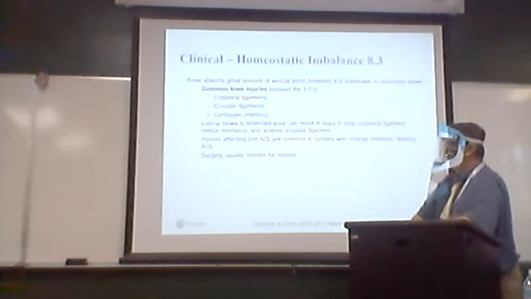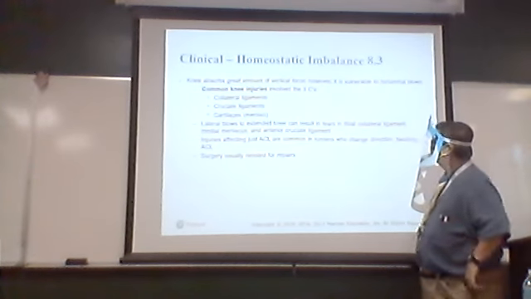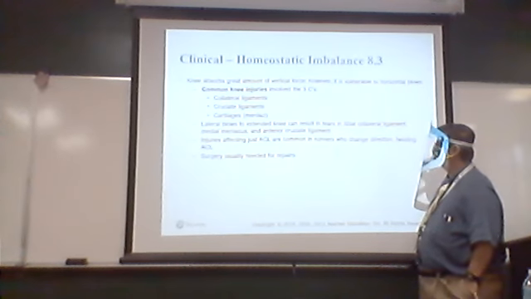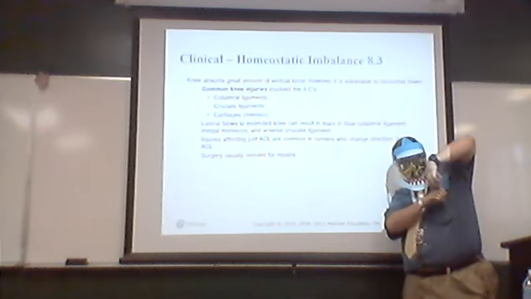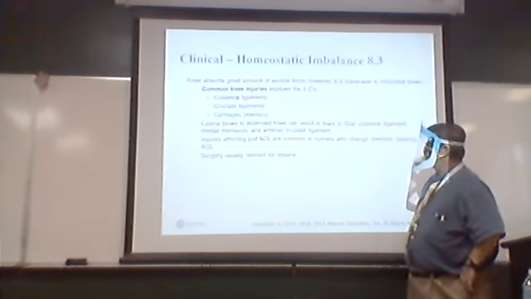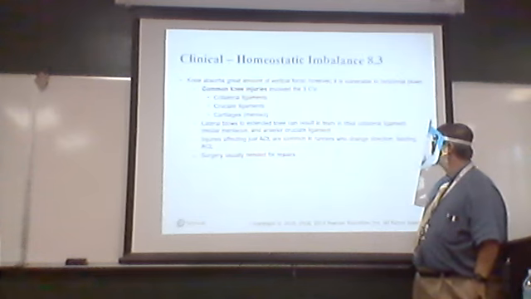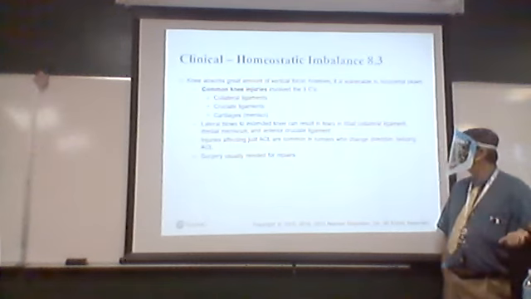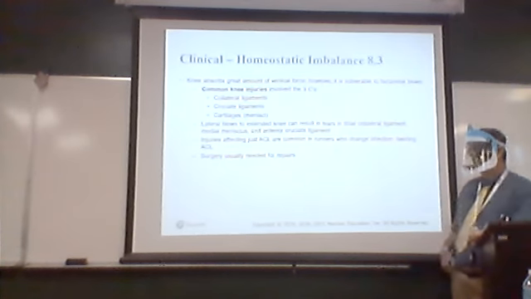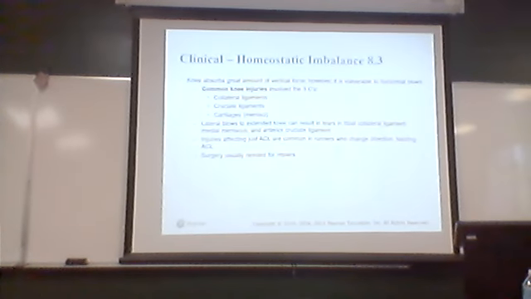A lateral blow to the knee, hitting it from the side, tears the tibial collateral ligament and damages the medial meniscus. Injuries that affect the ACL are common in runners if they change direction quickly or if they twist. And usually this is going to involve surgery. Put it back together. Should everybody be clear on that? Yes? No? All right.